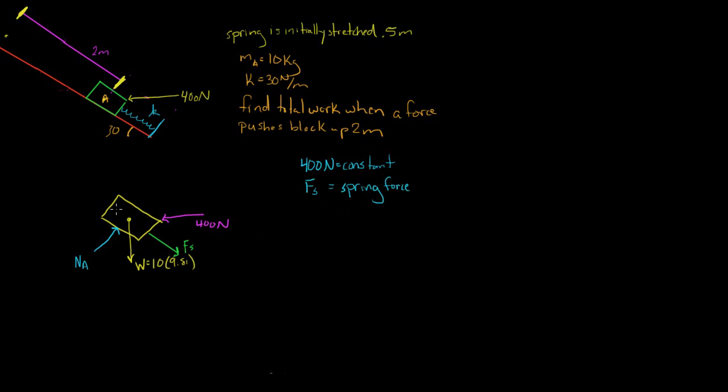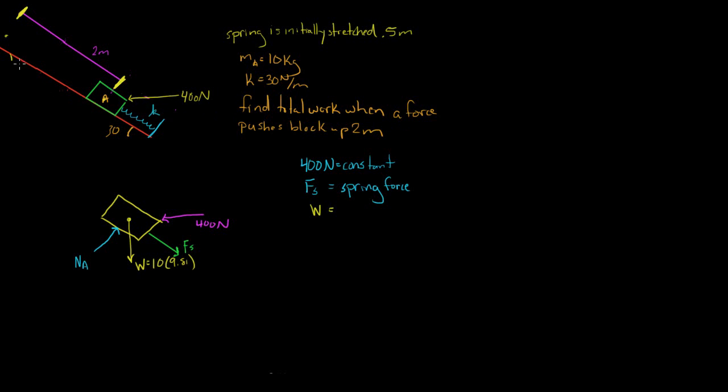Now we have the weight and the normal force. Let's talk about the weight first. Now, a weight is only going to do work on a system if the delta y, or the height of the object, changes. So if this was a flat surface, this weight would never do work on the system because the height of this block will never change.